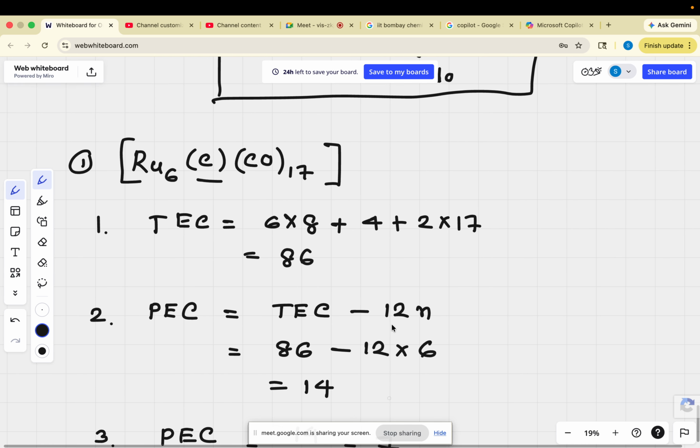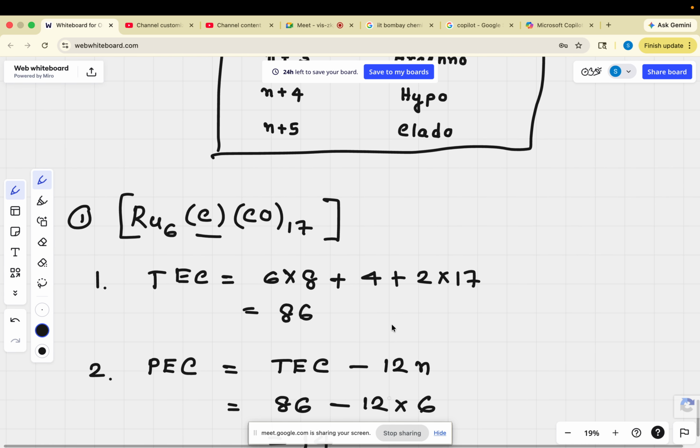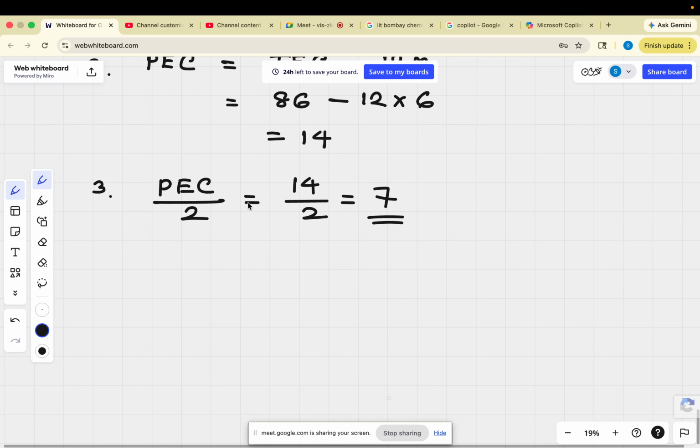Now how to check? How many metals do you have initially? The n value is 6, and the PEC by 2 value you are getting is 7. So that means n plus 1, closo. That cluster will be your closo type structure.